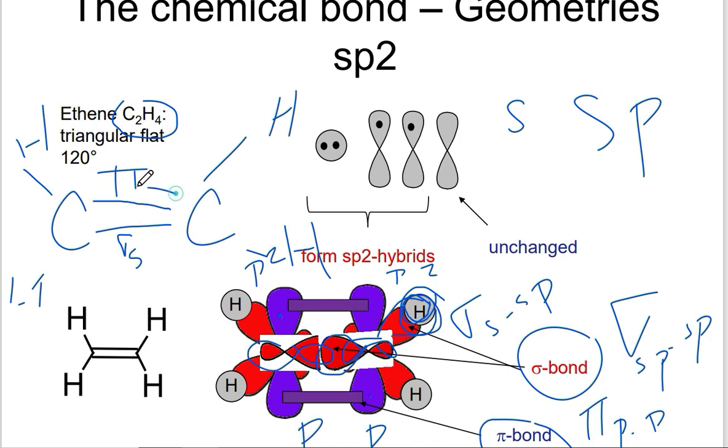So this is what makes the double bond. When we have one pi bond plus one sigma bond, in total we have a double bond. And this takes place when one of the p orbitals does not participate in the hybridization of the s and p orbitals.